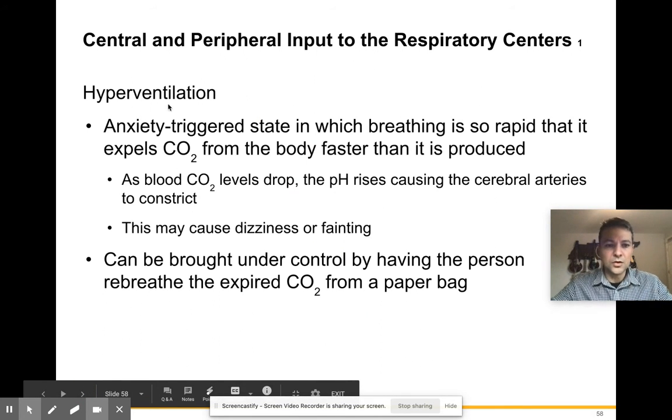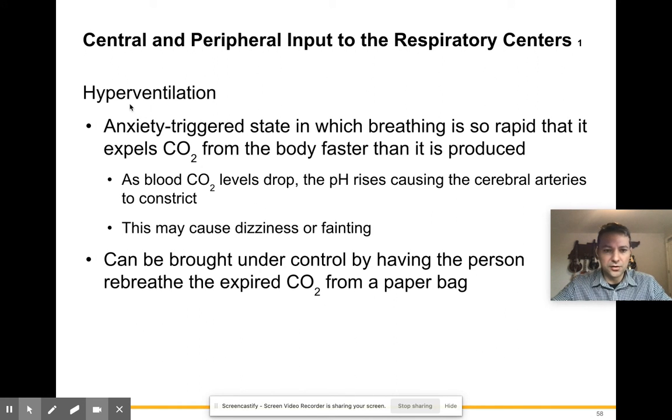So let's talk about hyperventilation. You've all heard of the term hyperventilate. And for a long time, I didn't understand why you breathed into a bag when you hyperventilated. I learned when I was in college, when I took my first biology or anatomy class. Hyperventilation is usually anxiety triggered, and it causes very rapid breathing.